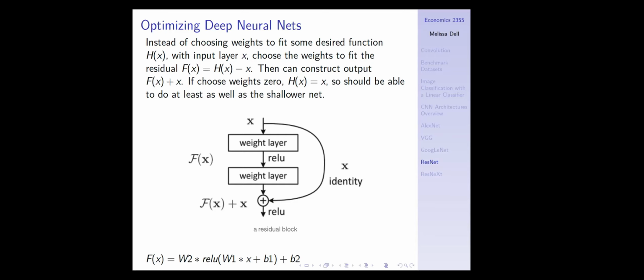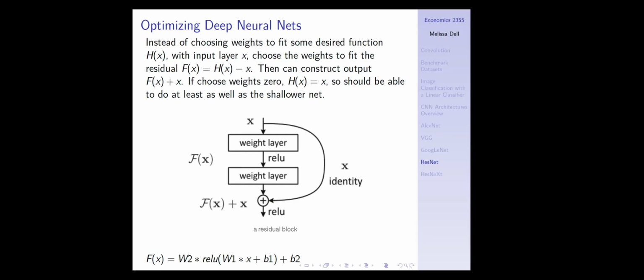And you see that in this graph here. You start with x, and you have a convolution, and you're trying to fit f of x. Then you have another convolution, and you pass that through ReLU, and then you have another convolution, then the output of that, you add x back on.